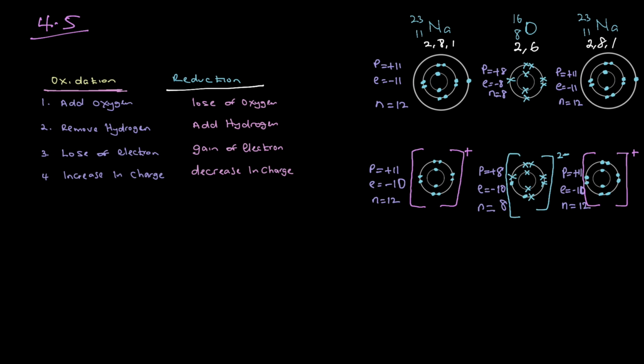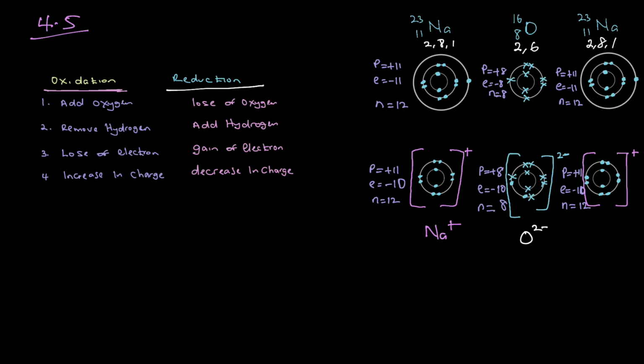So what's happened to the charge here? I've gone from 0 to Na+. So that's an increase in charge for sodium, and so sodium is what we call oxidation, because it has gone from 0 to +1. What about oxygen? It has gone from 0 to O2-.